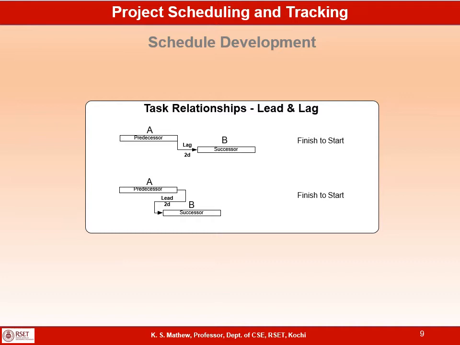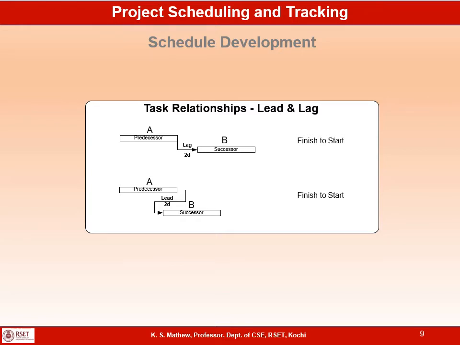For example, in a construction project, you are building your house. You can start the first floor brickwork only after completing the concreting of the ground floor. That's the normal relationship. So A could be the concreting of the ground floor, B is the brickwork of the first floor, which has a finish to start relationship.